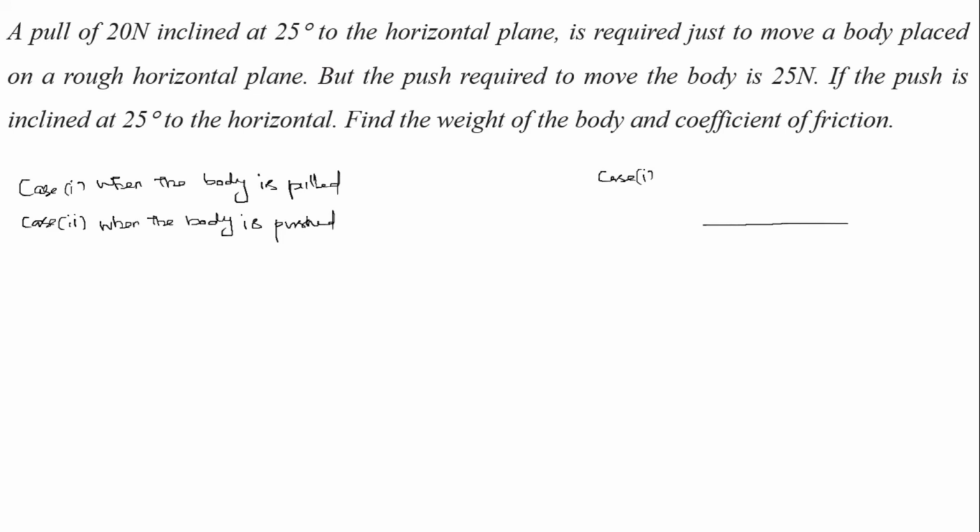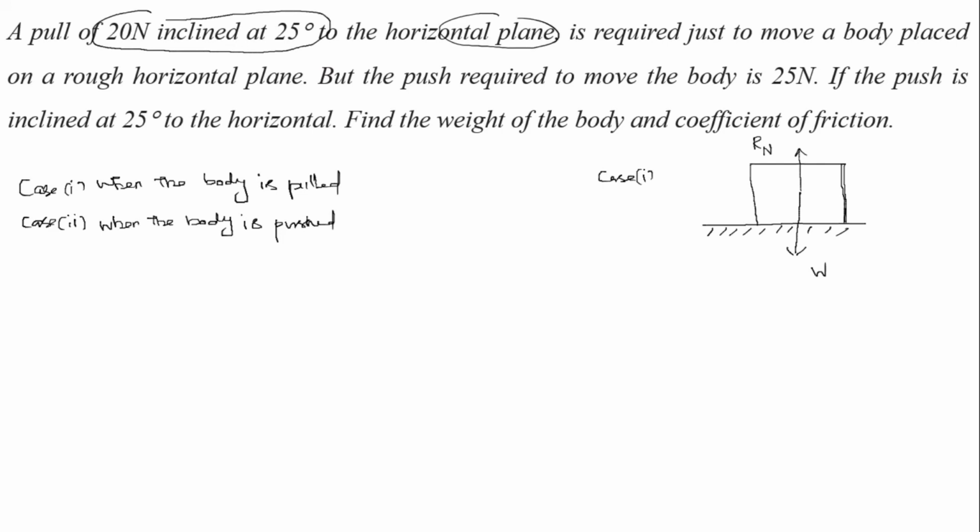So, case 1, this is the flat surface and the body is resting on the flat surface. W is acting downward and Rn is acting upward, normal reaction, and a pull of 20 Newton is inclined 25 degree to the horizontal plane.